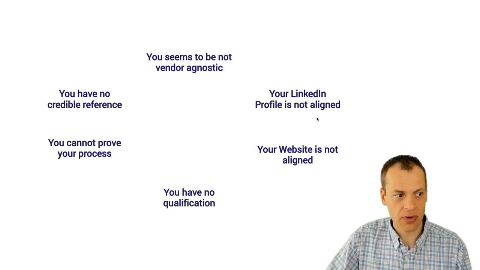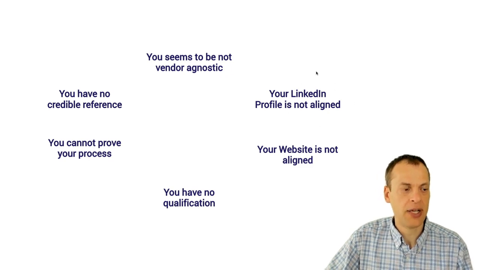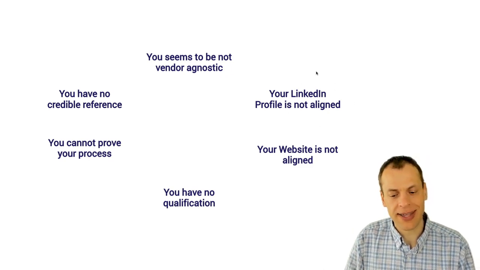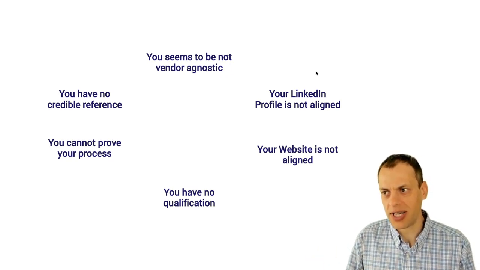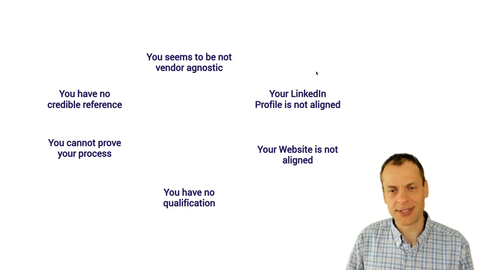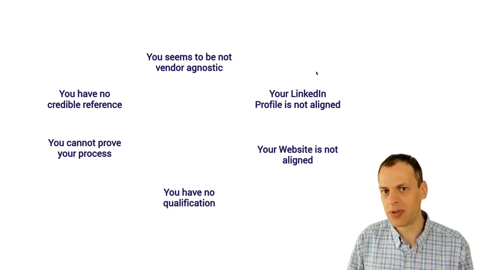Based on that, there are 2 major factors they're going to watch for: your LinkedIn profile and your website. Your LinkedIn profile may not be geared toward digital transformation or digital services. You're a marketing agent or an MSP, and they see you as a solution provider, which is great.